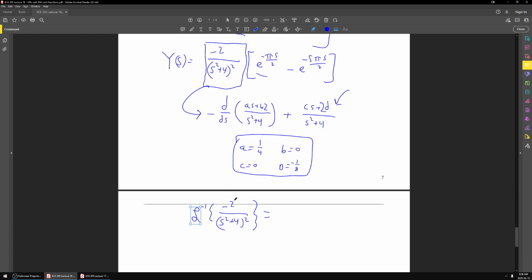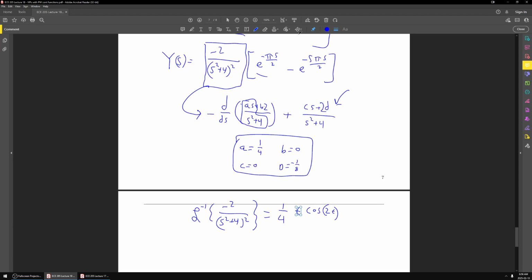This will be equal to my 1/4. So this piece here, the a is associated with this guy. This, from my Laplace table, will be t times cosine. So we get t cosine of 2t.